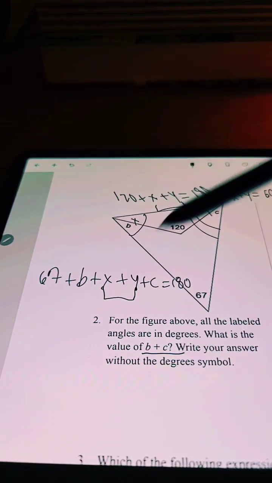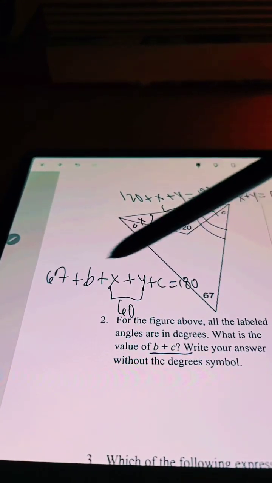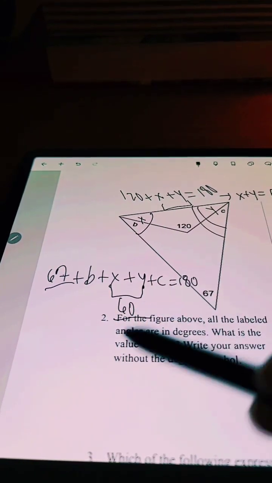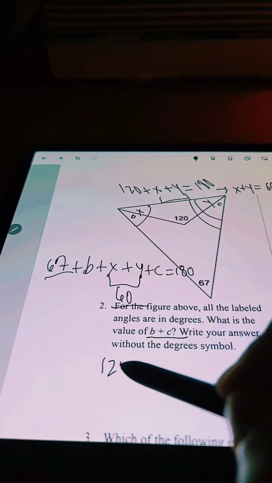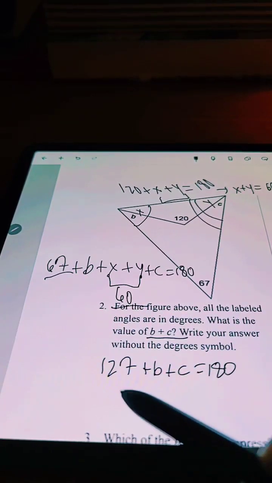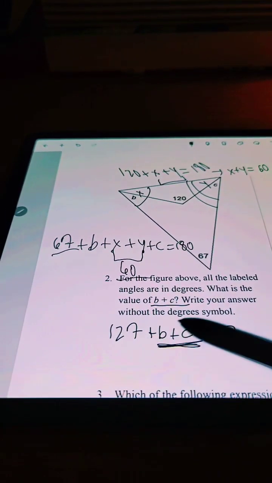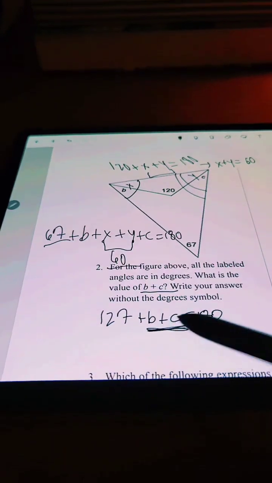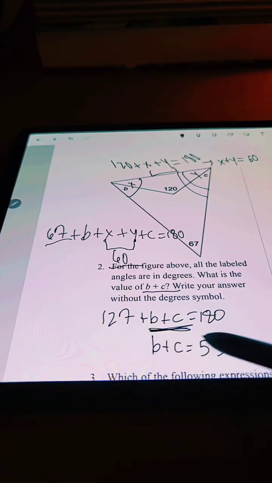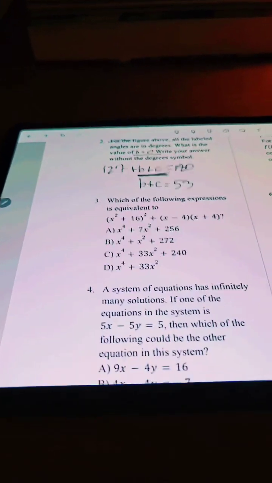Now, instead of X plus Y, I can just put 60. Remember, all we want is B plus C. I can combine the like terms 67 and 60 to get 127 plus B plus C equals 180. Then, to solve, all I have to do is subtract 127 from each side, and I get B plus C is equal to 53 degrees. Thank you guys for the likes and shares.